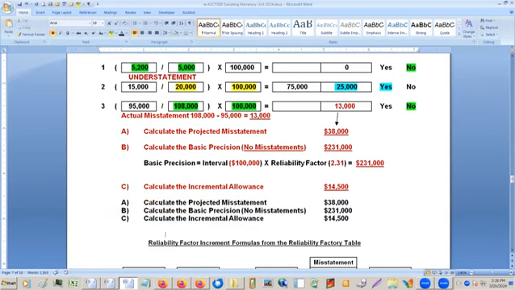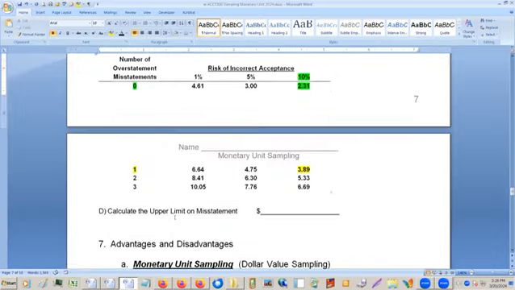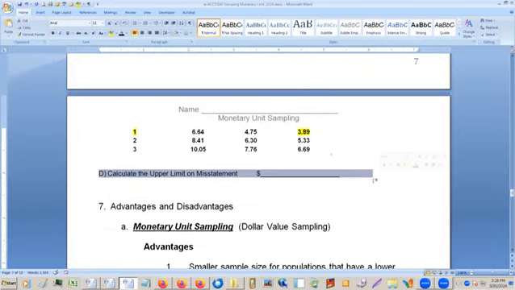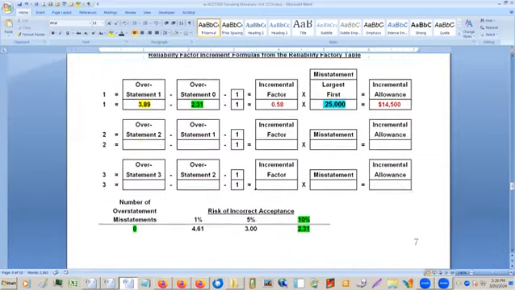So all of these together will come up with our upper limit.